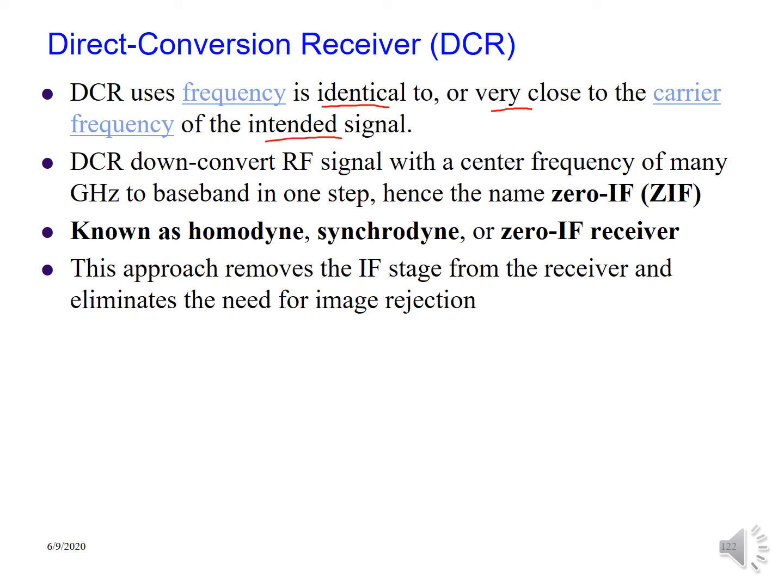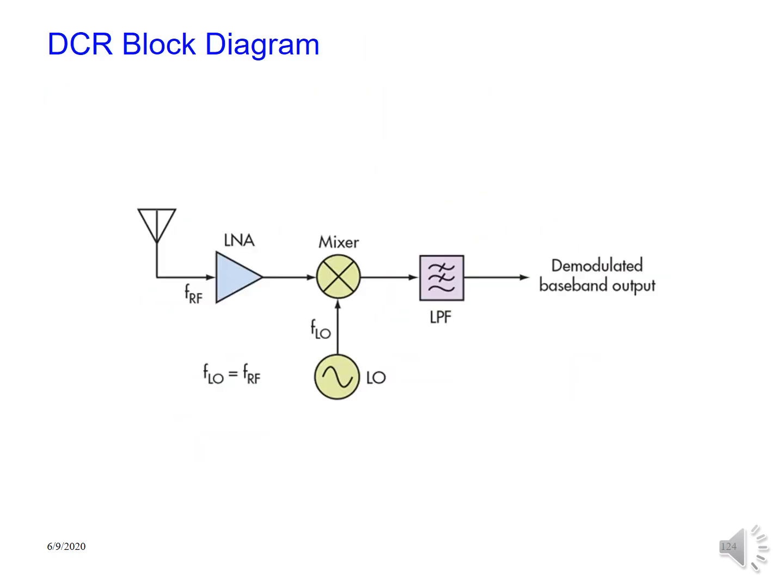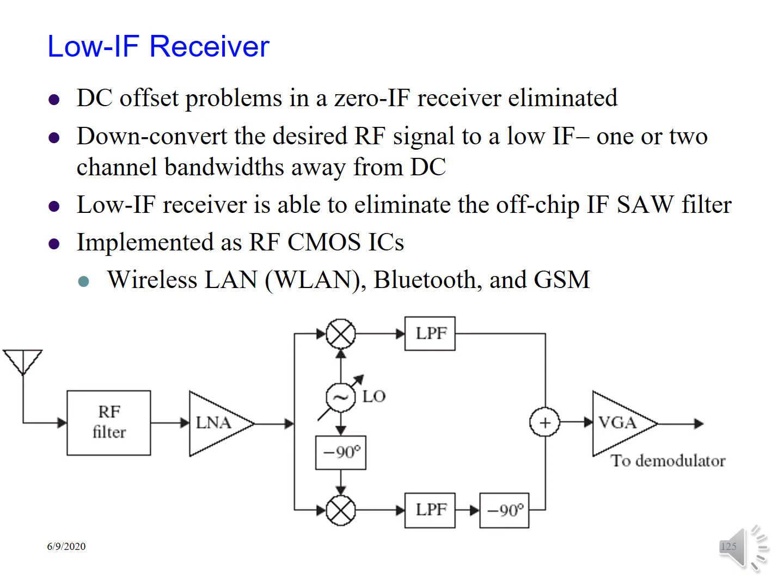That means the IF is 0. It is also called homodyne, synchrodyne, or zero IF receiver. Since we don't have an IF, we save ourselves from the problem of image filter, with no need for image rejection. Here we have the DCR zero IF, and this one low IF.